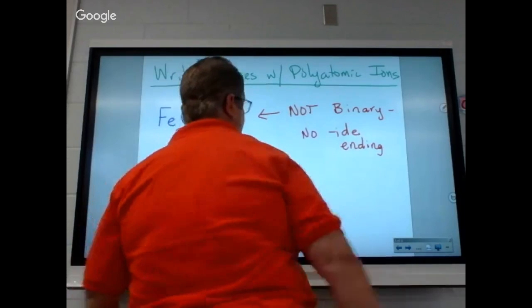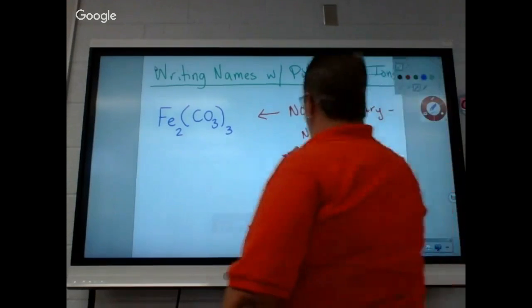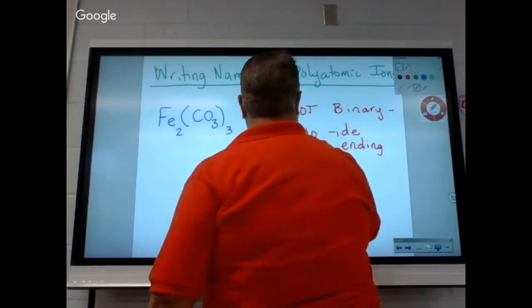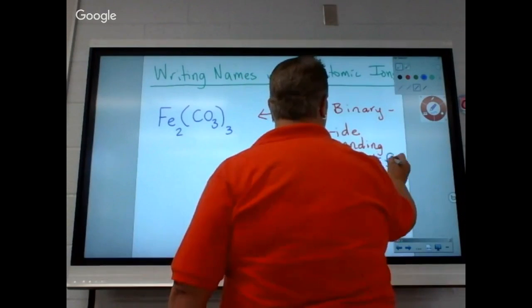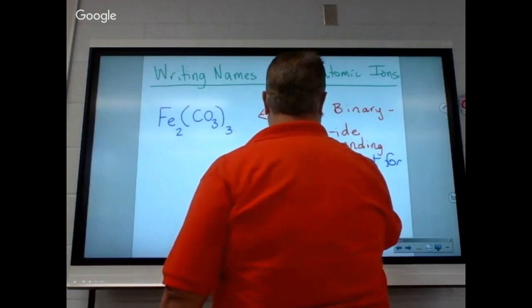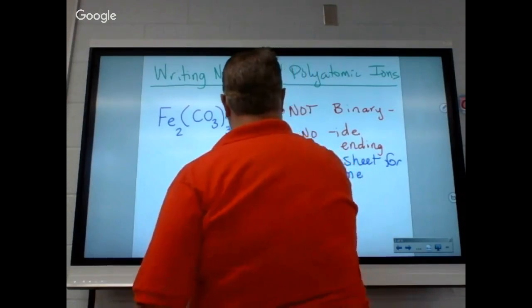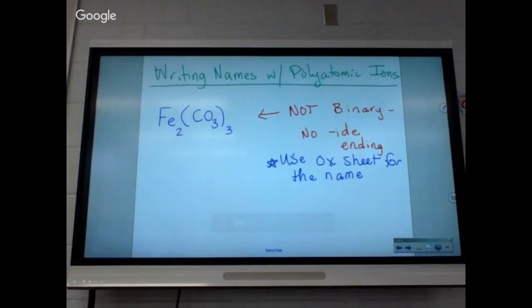You're going to use the oxidation sheet for the name. We're not going to have to figure out the ending or match anything up. Just use the name on the sheet.